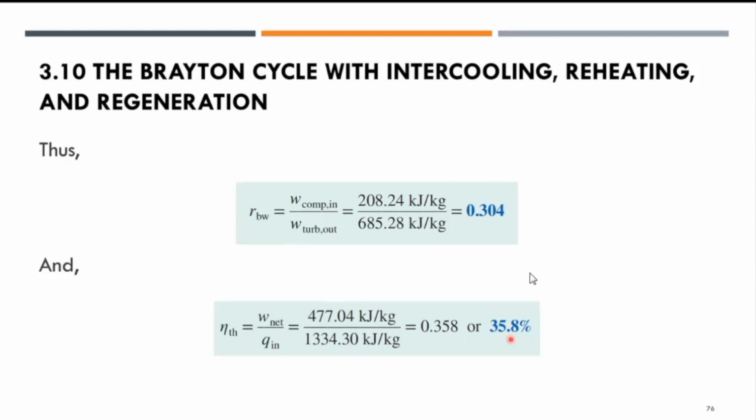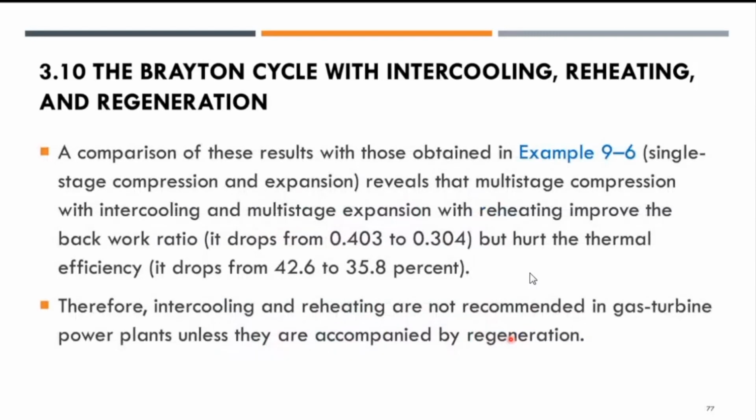thermal efficiency of the system to be 35.8%. Right? As a comparison of this result with what we obtained from example 9.6, where we only have single-stage compression and single-stage expansion, reveals that the multi-stage compression with intercooling and multi-stage expansion with reheating improve the back work ratio from 0.403 to 0.304.